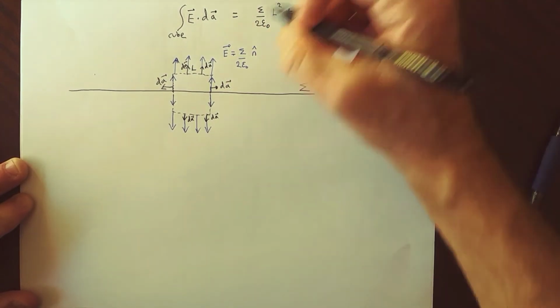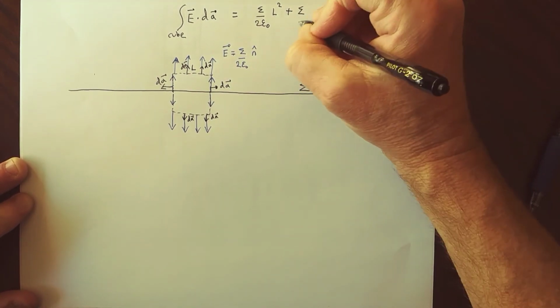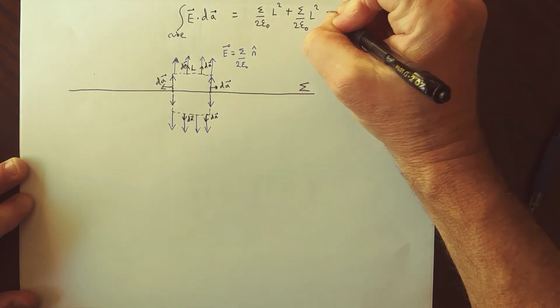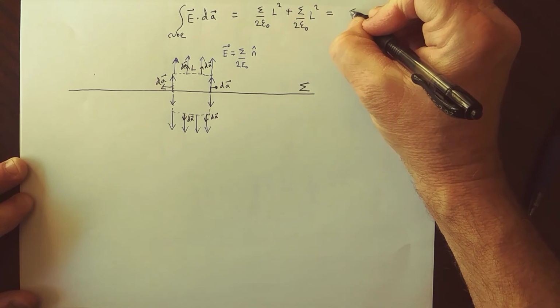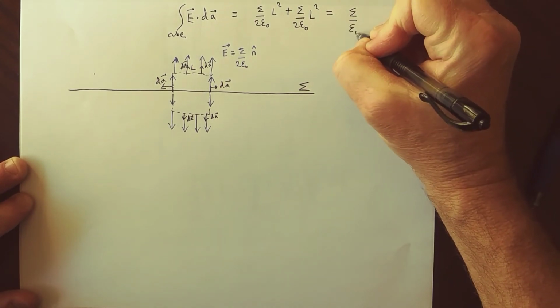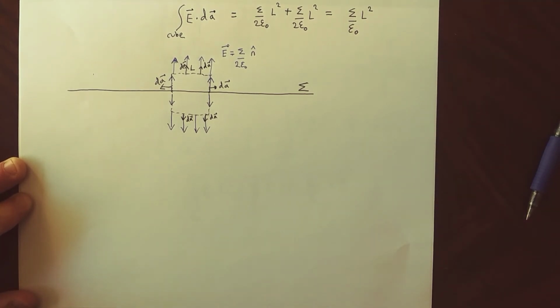And on the bottom, we get the exact same thing. So the entire calculation reduces to twice that, which is just sigma over epsilon naught L squared. So that's the electric flux through this cube.